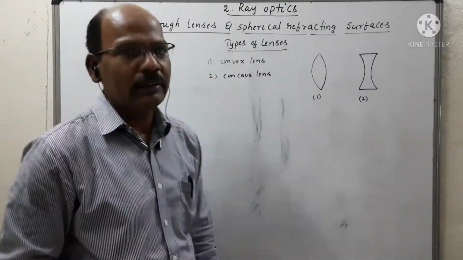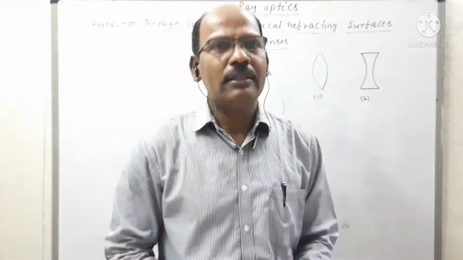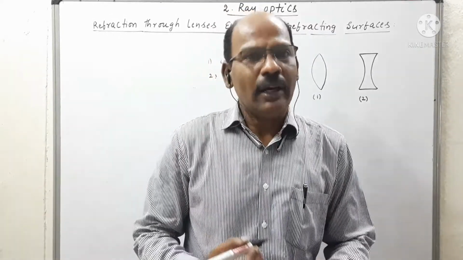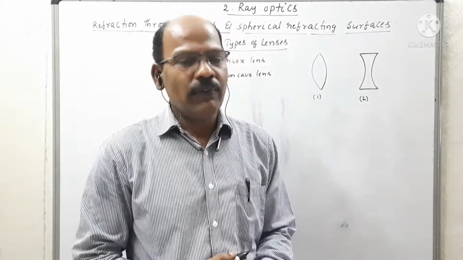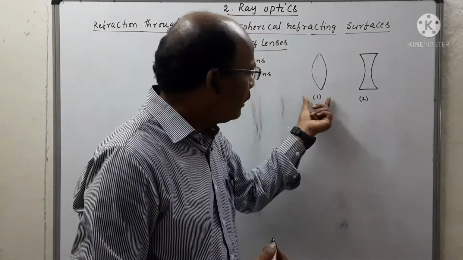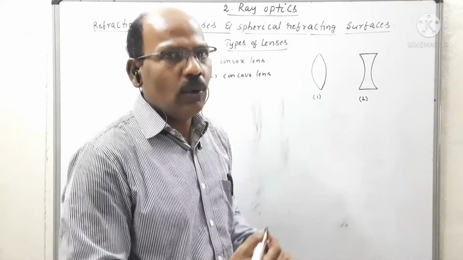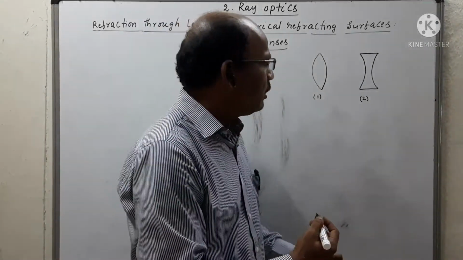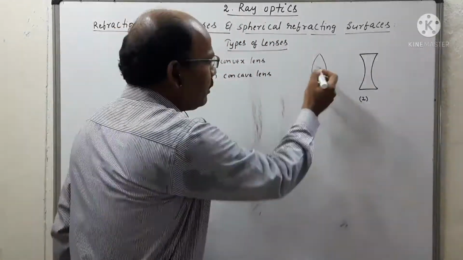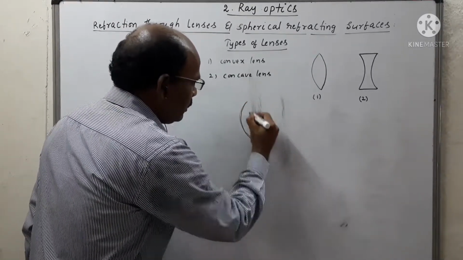Here we are observing the optical center of the convex lens, center of curvature, radius of curvature, principal axis, and first focal point, second focal point. By observing the diagram of the two types of lenses, we can observe the important terms. Suppose you are observing the convex lens, which is like this.